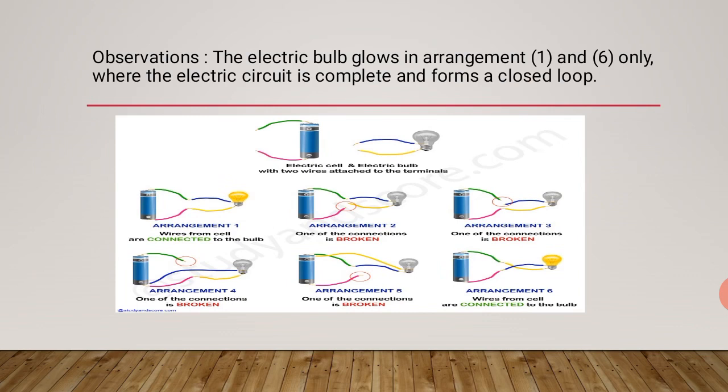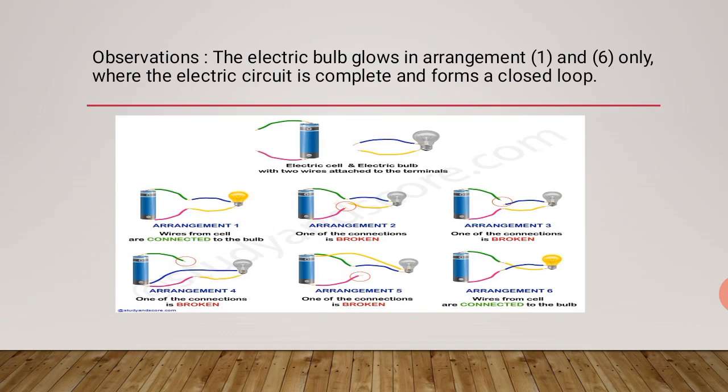Similarly, in arrangement 3 the negative terminal of the cell is connected to the bulb but the positive terminal of the cell is not connected. This is the same case as arrangement 2. It is also an open circuit, so the electric current will not flow and the bulb remains off.